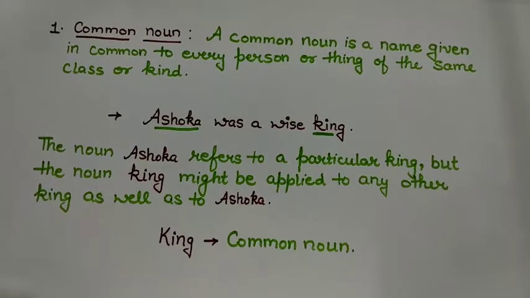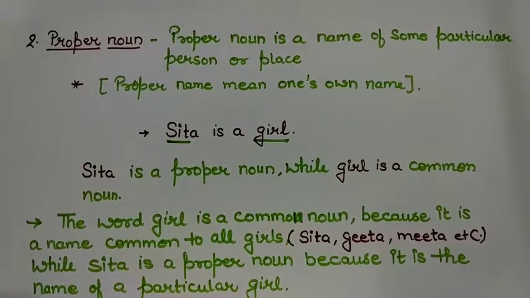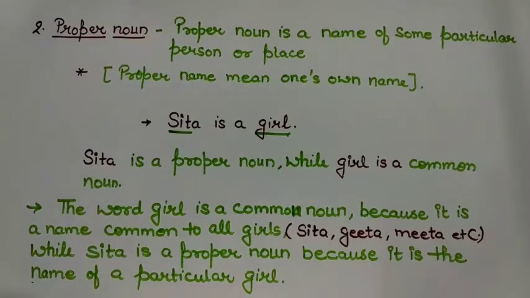Now, before I talk about the name Ashoka, let me introduce you to the second noun, that is proper noun. Proper noun is a name of some particular person or place. Proper name means one's own name. So, in my previous example, Ashoka is a proper noun, whereas king is a common noun. Let us try to understand this proper noun with the help of an example. Sita is a girl.